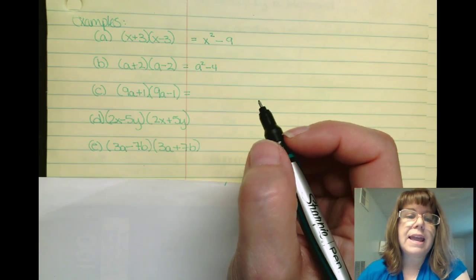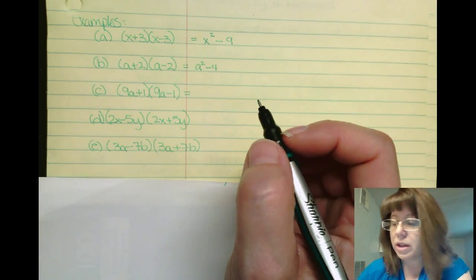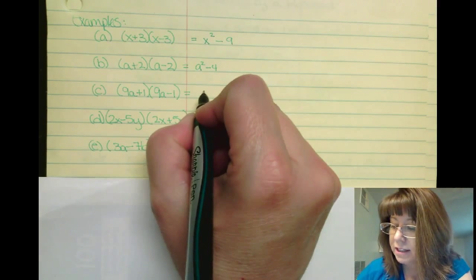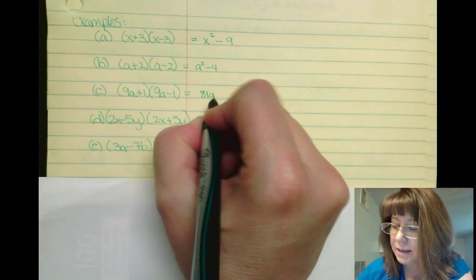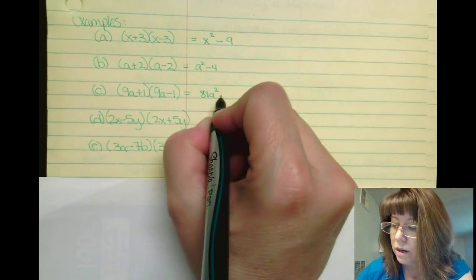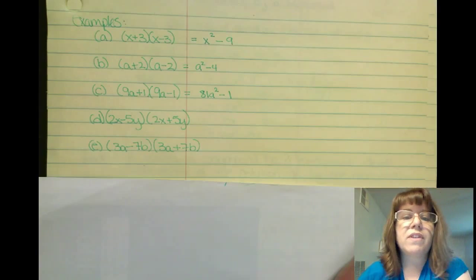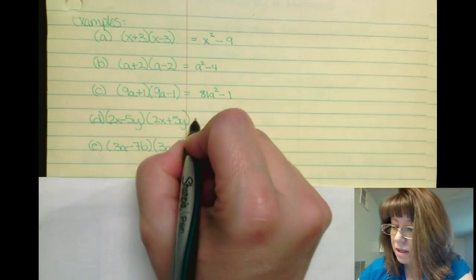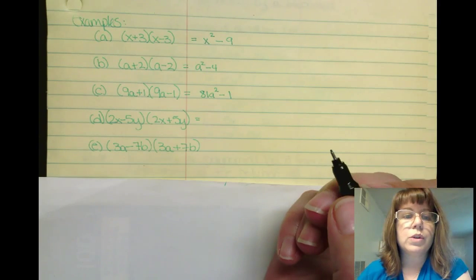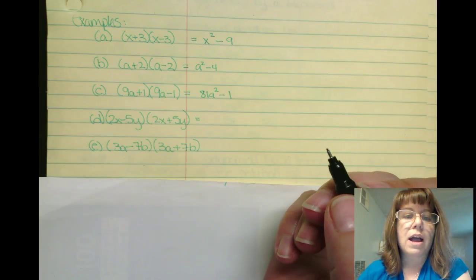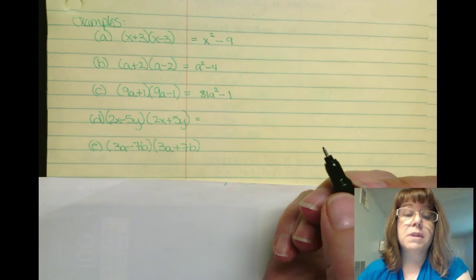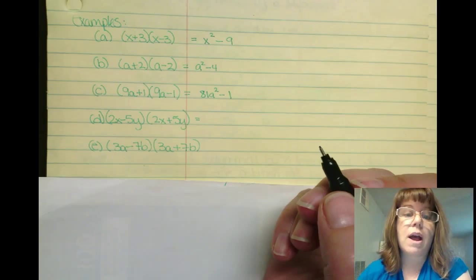So 9a plus 1 times 9a minus 1, square the first term. 9 times 9 is 81. A times a is a squared. 1 times 1 is 1. So my final solution is 81a squared minus 1. Again, using our rule, 2x minus 5y multiplied by 2x plus 5y.